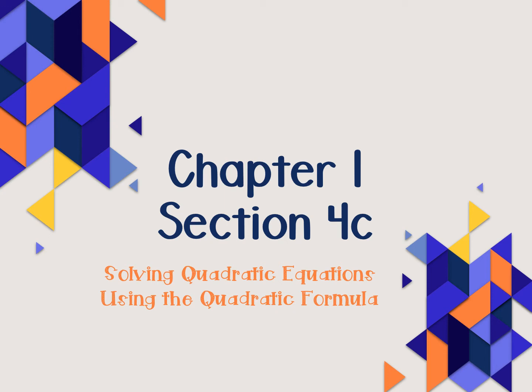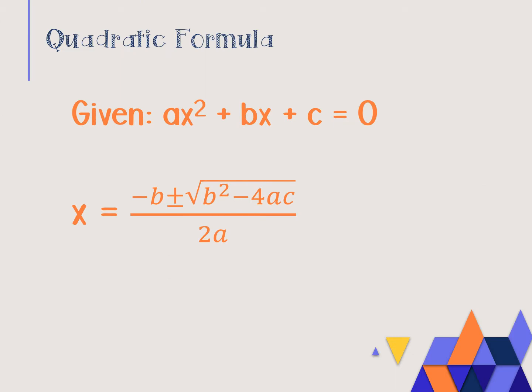So today we're going to cover the last part of section 4, and today we're going to learn the quadratic formula. When we use the quadratic formula, our equation must be in standard form.